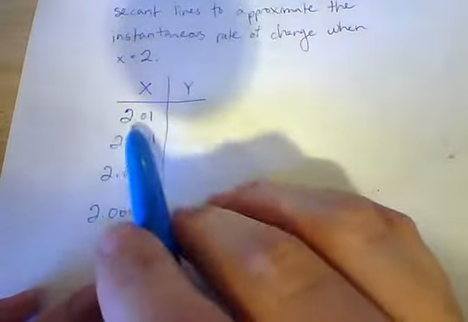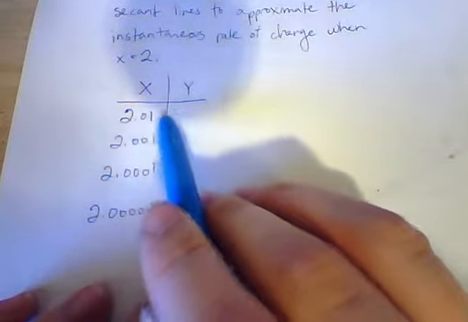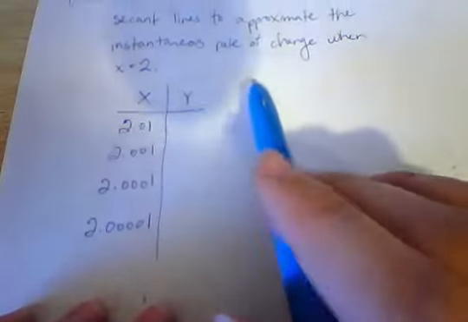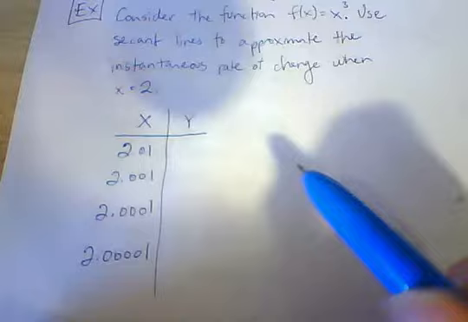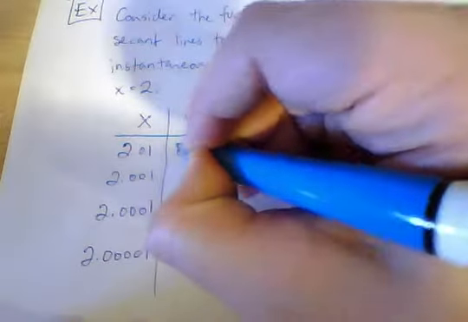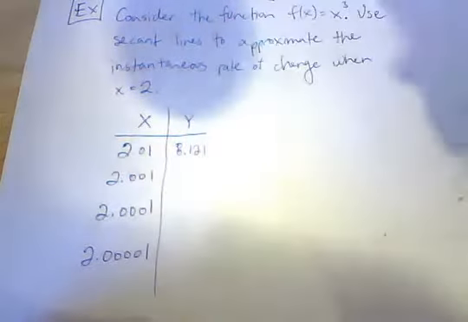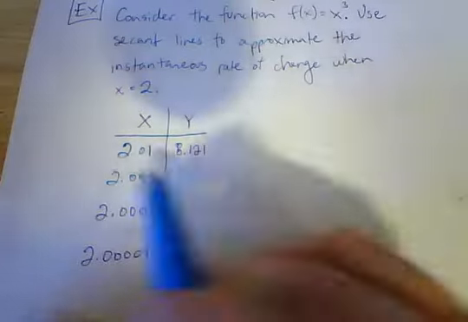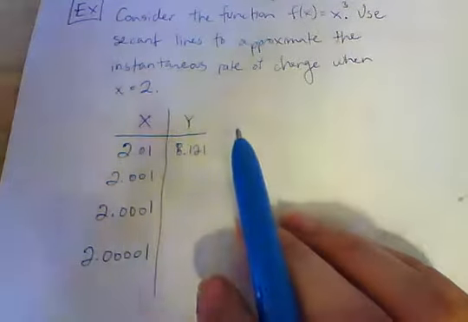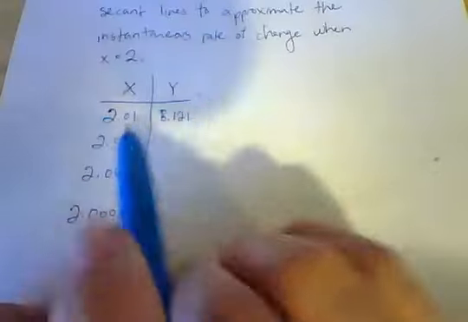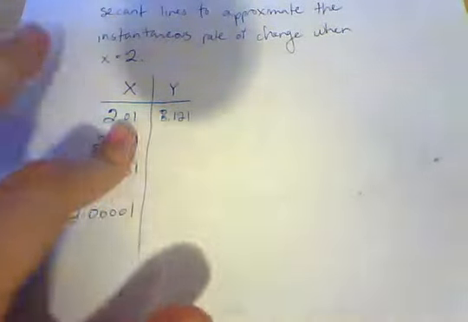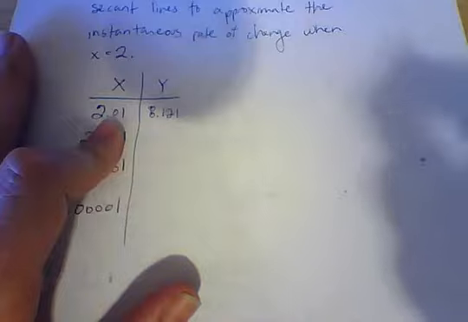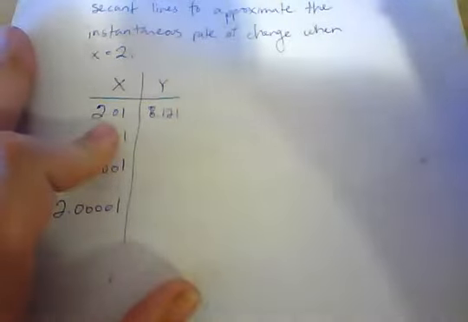All right. If we plug 2.01 into f of x equals x cubed, if we cube 2.01, we get 8.121. And then we're going to use these 2 points as our values for that rate of change formula.